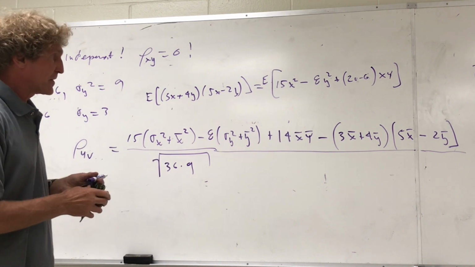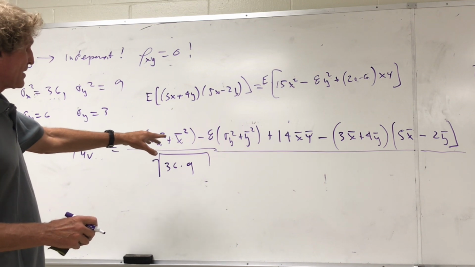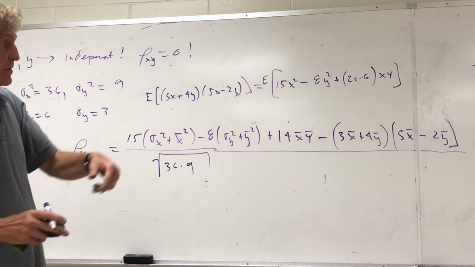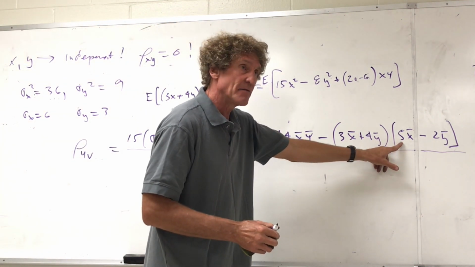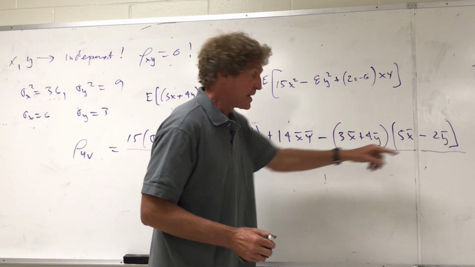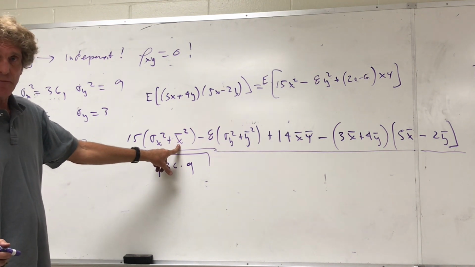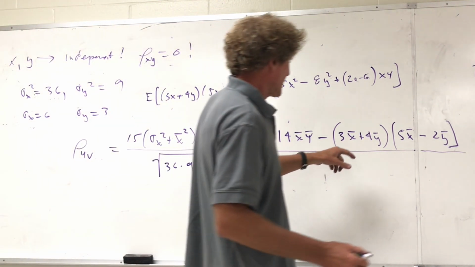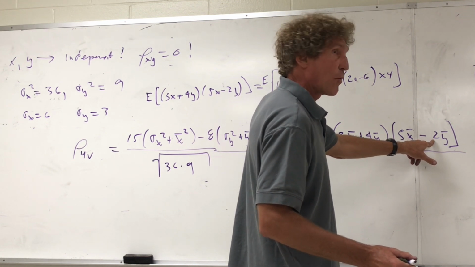Now when you do this, one thing I think most of you see is that all the mean values of x and y cancel. We can do this, but if you just take a look at this, you see how you get 3 times 5 is going to be 15 x bar squared. Do you see that? There's a 15 x bar squared here. They cancel. See that? Then for y squared, I get a 4 times 2 is 8 with a minus sign. It's minus 8 y bar squared.